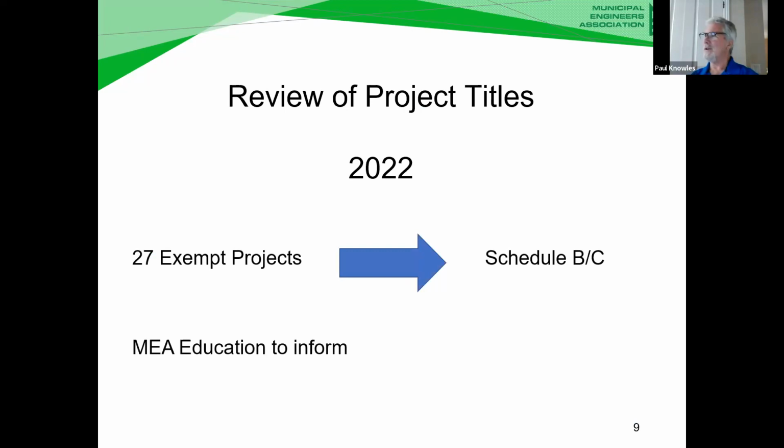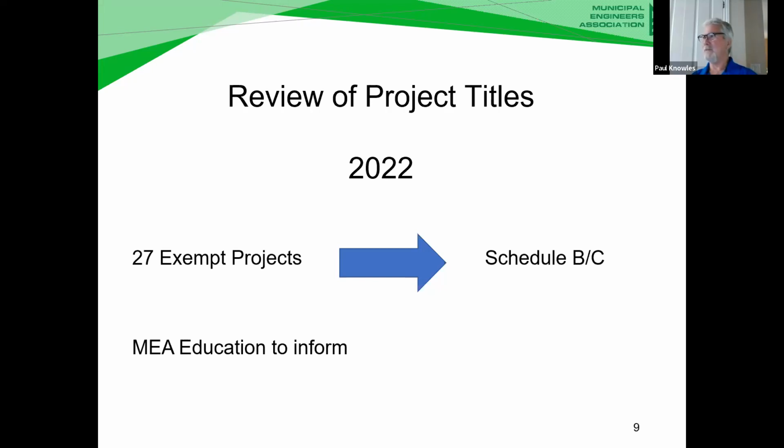So when we looked at this in 2022, we noticed it appears there's 27 projects that could likely be exempted. Now, we don't have all the information. There could be something misleading about the title. There could be some detail of the project that's driving it.